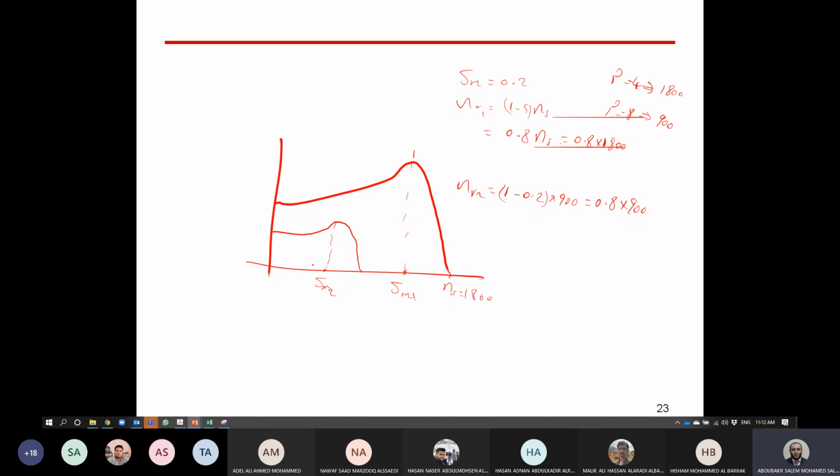So the value of S is not reflecting the right position of speed. Why? Because it's in per unit of NS. S maximum here equals 0.2 and S maximum here is also 0.2. But because NS is different, the position of S is different on the slip characteristic or speed characteristic.